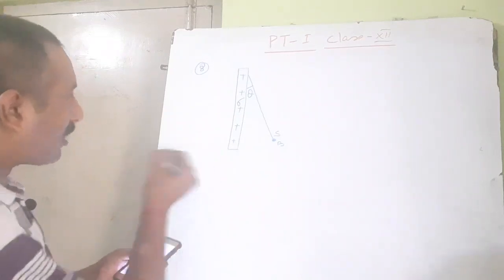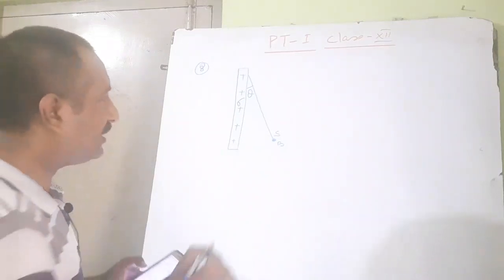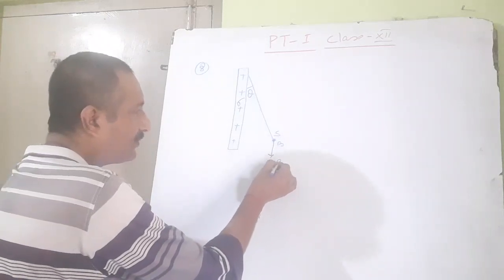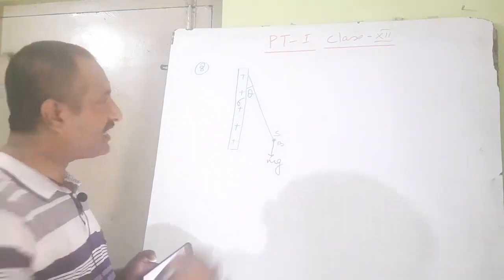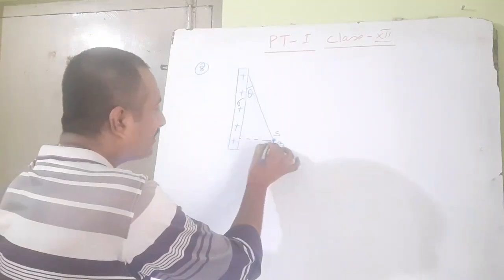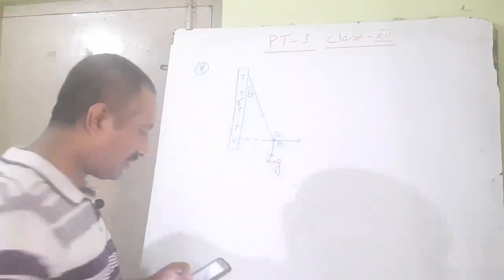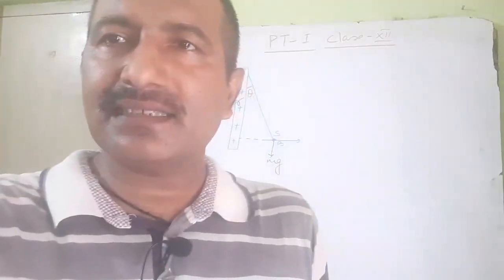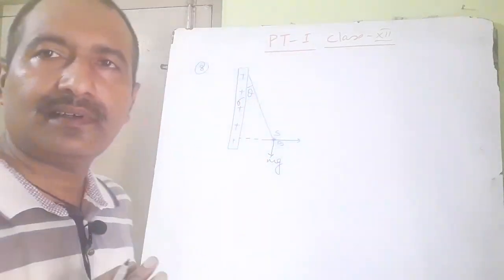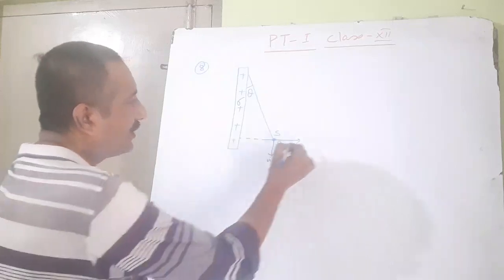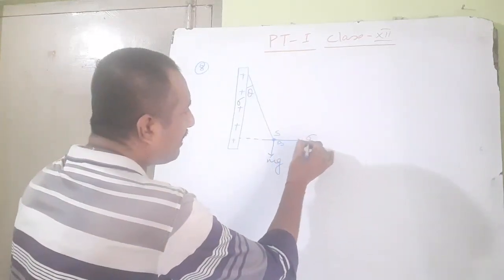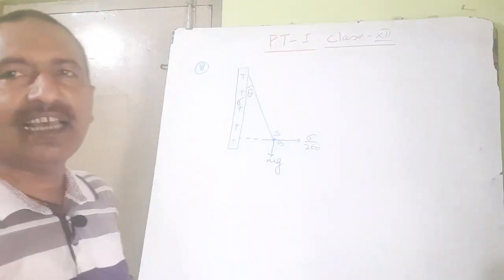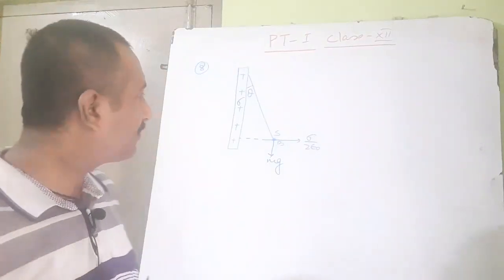If the mass of the ball B is m, here will be its weight mg, and electric field is away from the charge sheet. You see this is the thread, which makes an angle theta with the charge sheet. Okay, so this electric field is sigma by 2 epsilon naught. You already learnt it in the application of Gauss law.